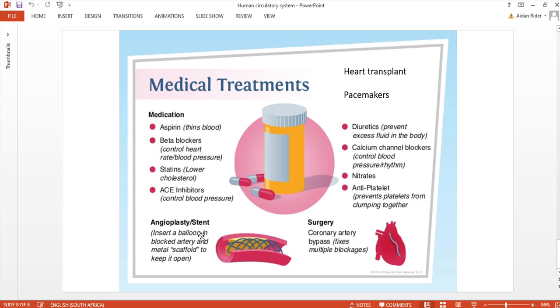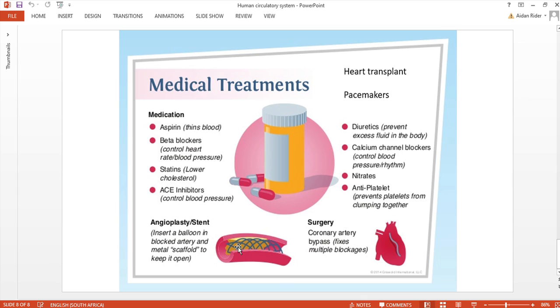Angioplasty is when you have a blocked artery and they put a balloon inside your artery to open up the area. And then sometimes they put in a stent, which is like a metal tube they put inside. So basically what this does is it prevents the arteries from closing up. It keeps the walls open. It keeps these tubes open so that the blood can keep on flowing through.